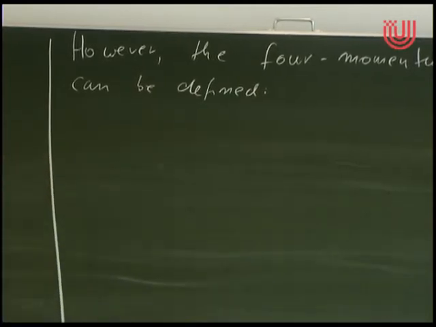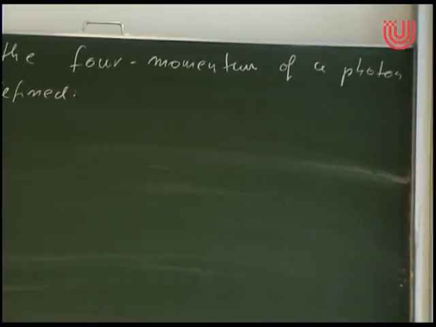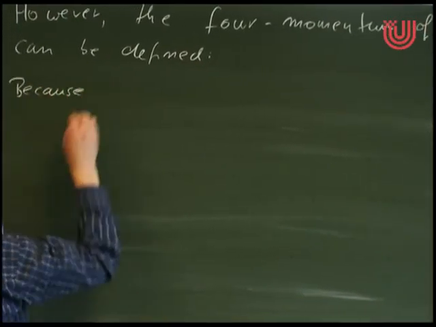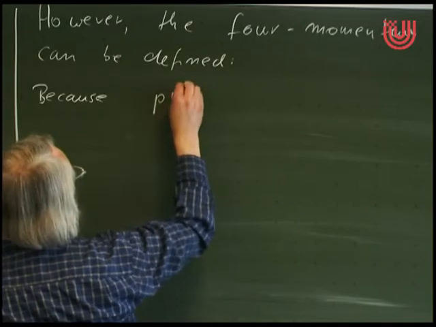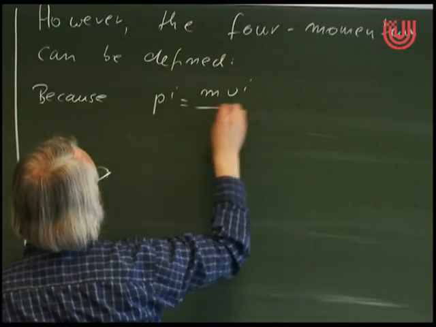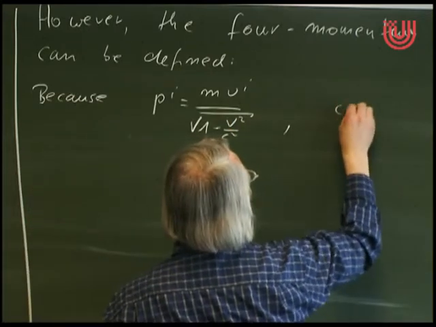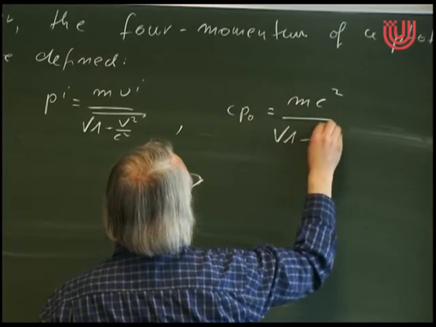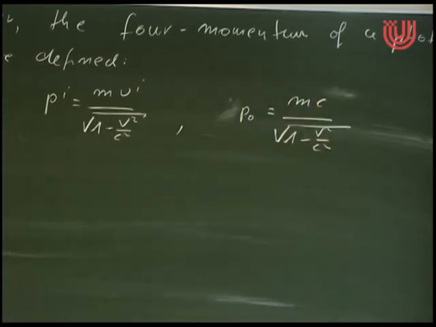What we have to observe is that the four-momentum was related to the, let me write it in terms of the three-velocity. So we had these formulas for particles: m v^i divided by the root, and p^0 was mc squared divided by the square root, right? Well, actually, I can divide by c. I can write it in this way.